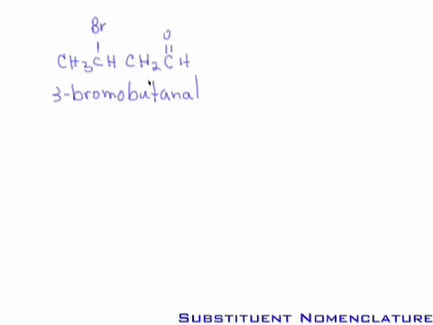However, when using common nomenclature, I localize the functional group. This is my aldehyde group, right there. The carbon attached directly to the aldehyde is called the alpha carbon. The carbon next to the alpha is the beta. After that, we have gamma and delta, and so on. So in common nomenclature of aldehydes, you often designate the location of the substituent by using Greek letters.